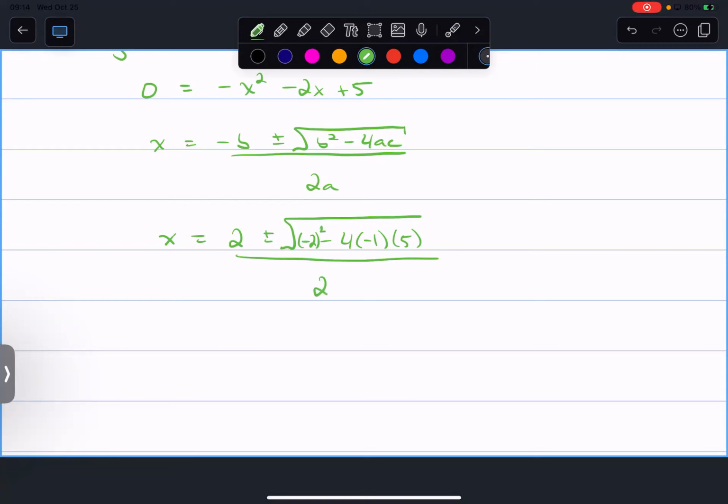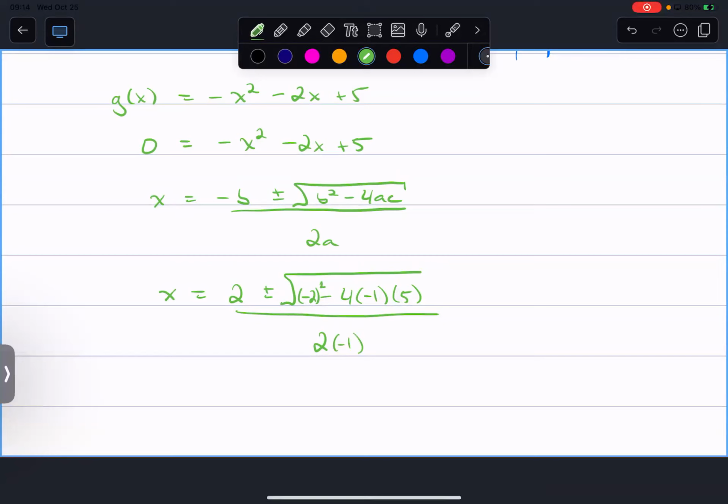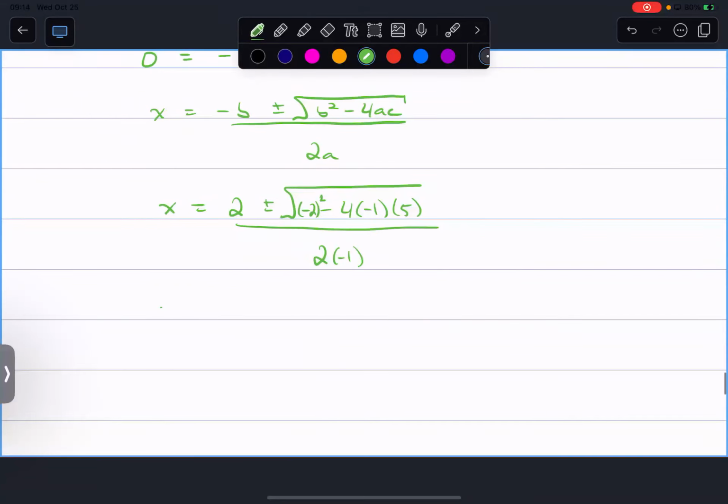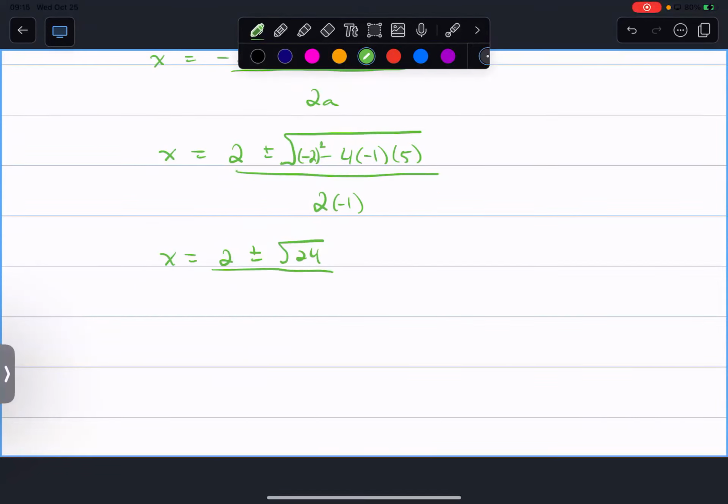Divided by, I always forget the 2a, 2 times negative 1. Two plus minus the root of 4 minus negative 20 puts me at the root of 24, which is not a nice number.